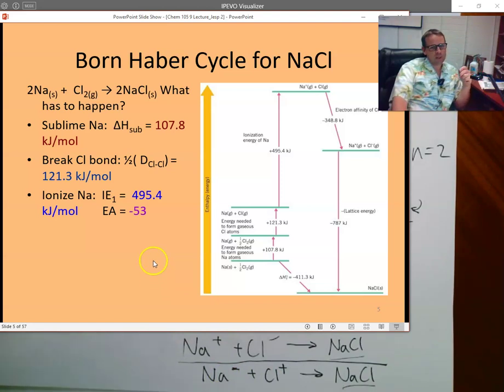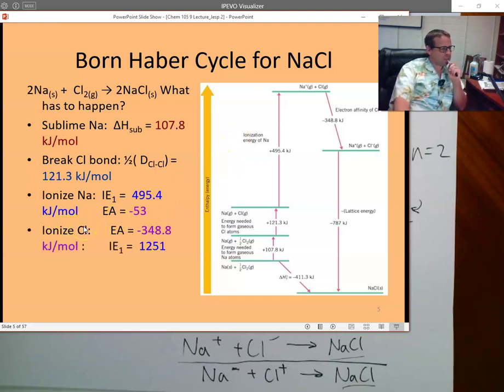So if we were to follow this bottom one here, instead of requiring 495.4 kilojoules, it would release 53 kilojoules of energy, right? And for chlorine, Joey, can you tell by looking at this what the change in energy would be if an atom of chlorine lost an electron?